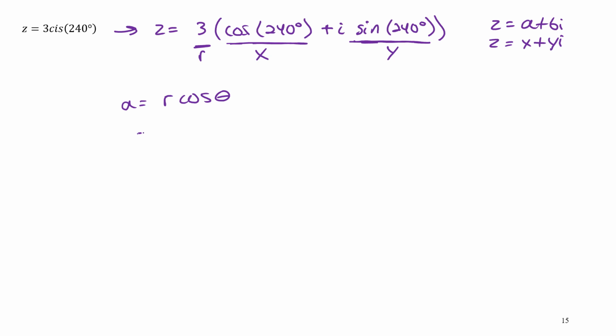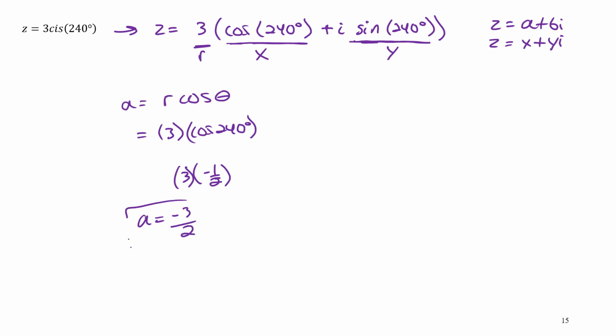We know that r is equal to 3, and theta is 240 degrees, so cosine 240 degrees. Looking at the unit circle, you'll see that cosine of 240 degrees is negative 1/2. And a is equal to negative 3 over 2.